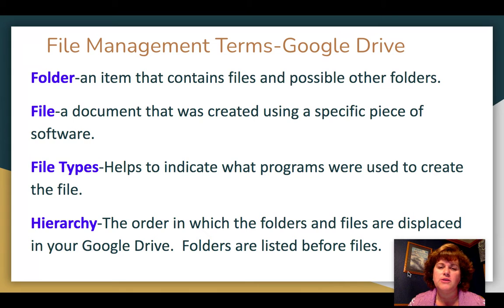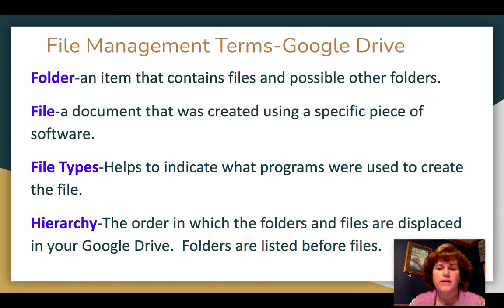That little icon is referred to as file type, and it helps you to identify what program was used to create that file. So these files, your pieces of paper, can be placed inside of your folders inside your Google Drive to keep things a little more organized. Instead of having a long list of things you have to look through, you can simply go to your folder and find all the things that relate to that topic.